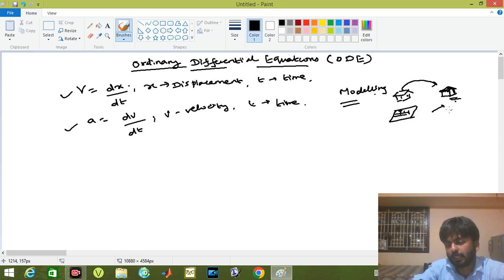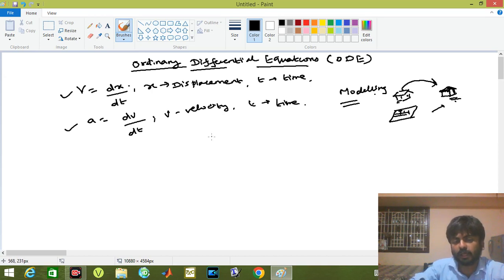So the miniature of a real life example is called modeling. But in differential equations we are not going to construct any physical models. We are going to construct equation based models.